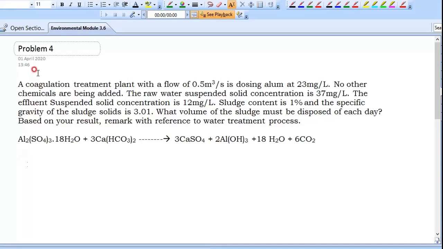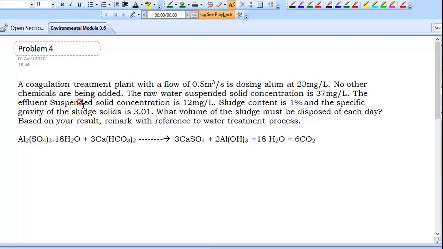Fourth problem, the coagulation treatment plant with flow of 0.5 meter cube per second is dosing alum at 23 mg per liter. No other chemicals are being added. The raw water suspended solid concentration is 37 mg per liter.